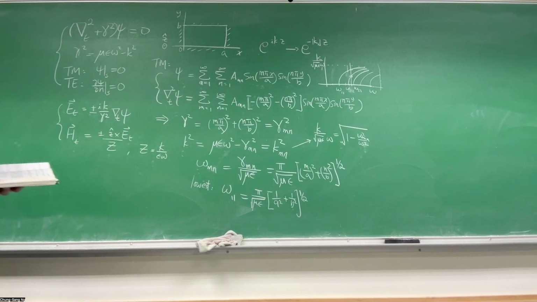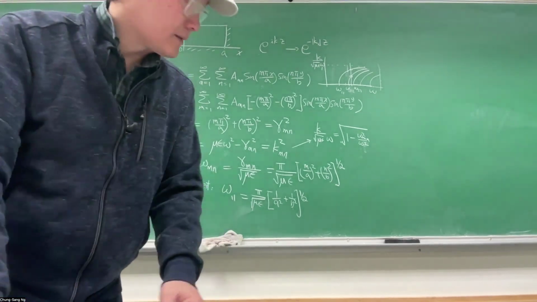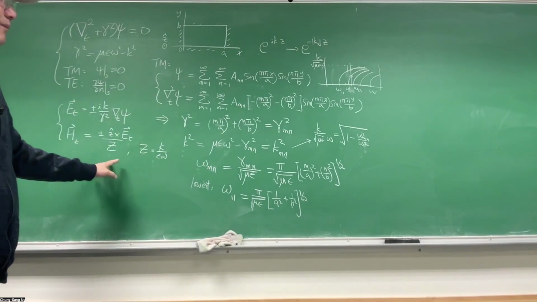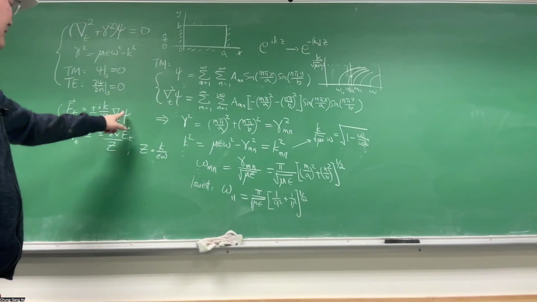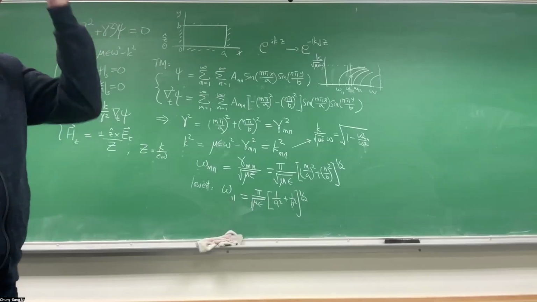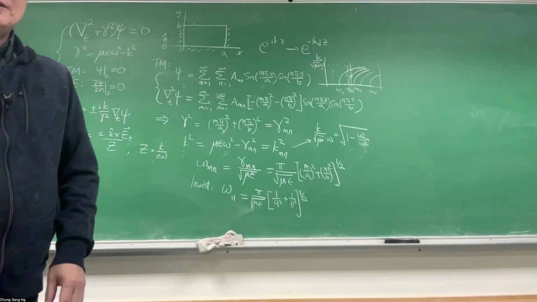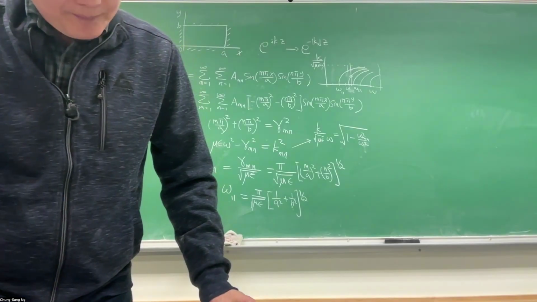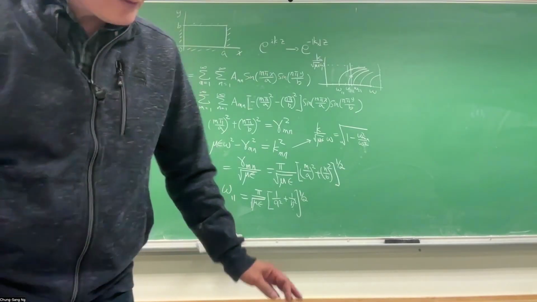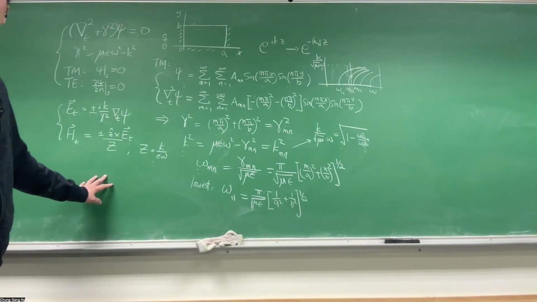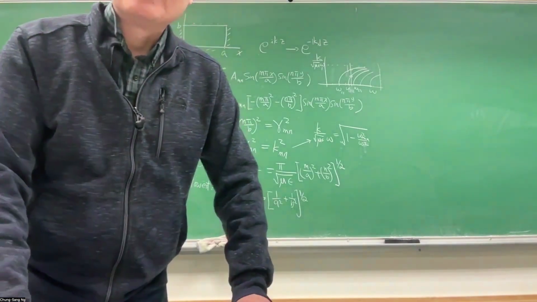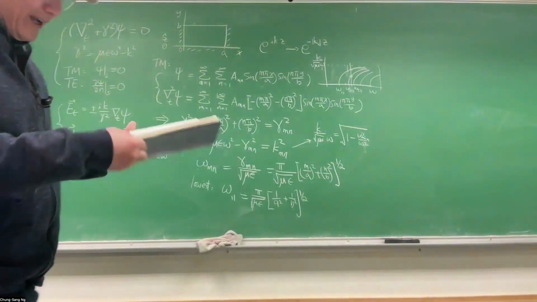Okay, so that's TM0. And the rest is straightforward, so I'm not writing it down explicitly, because just taking the gradient is straightforward, right? So that TM is okay. Yeah, that's easy. That's how Jackson does it.